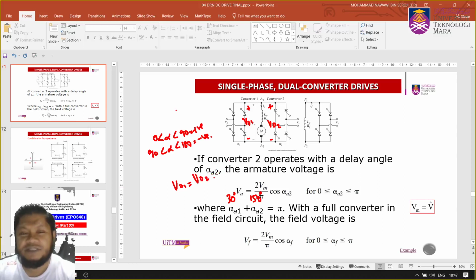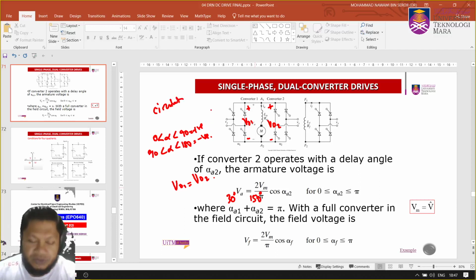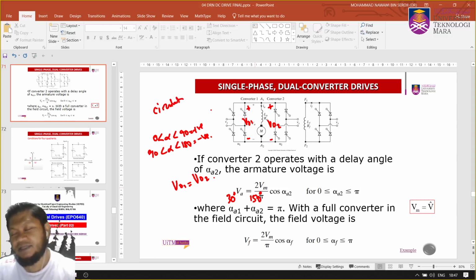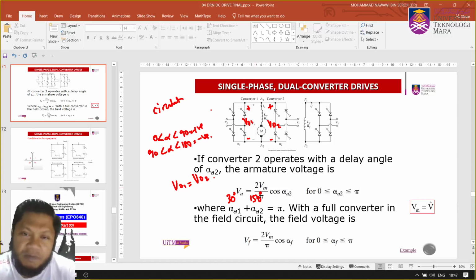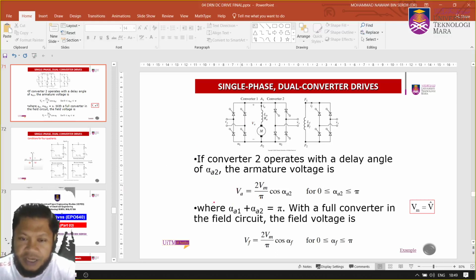Okay, this happens only for circulating current mode. This is preferable because the firing angle circuit, the controller circuit, will be a lot easier or less complicated than the previous non-circulating current. Okay, so this is your voltage equation, and you must have this restriction.